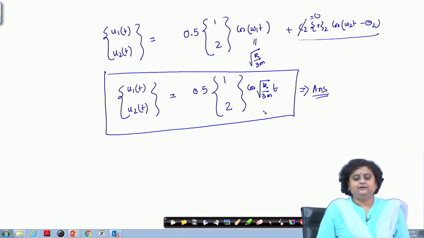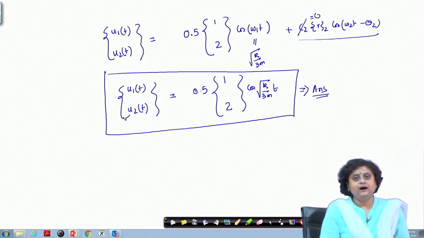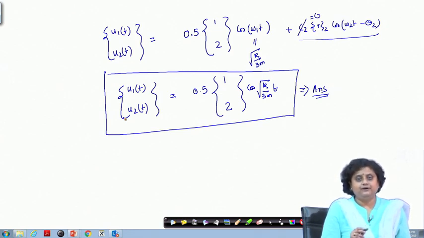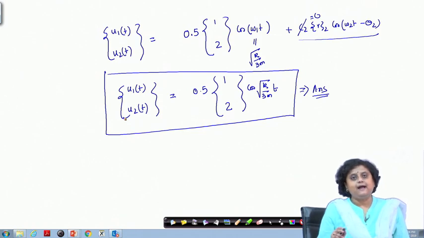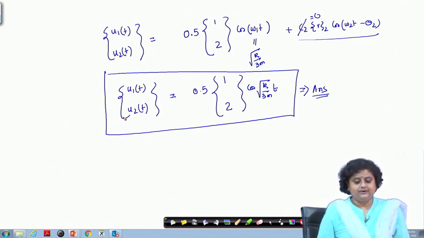So, in cases where C2 is not equal to 0, we will see the response as a linear combination of the first mode as well as the second mode, and then the response will be a sinusoid having two frequencies, the first natural frequency and the second natural frequency, or it would be the superposition of two sinusoidal functions with the two natural frequencies.